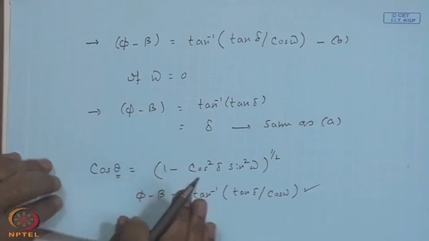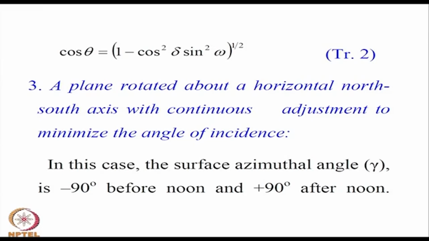This is also a single axis tracking mode. So, we come to the third tracking mode, which is a horizontal north-south axis with continuous adjustment to minimize the angle of incidence.